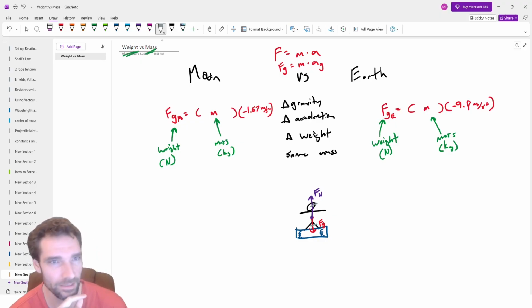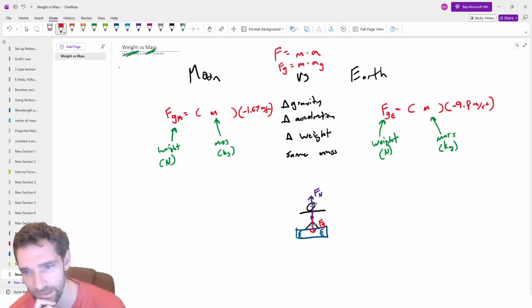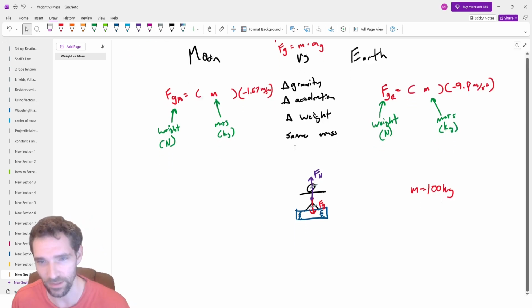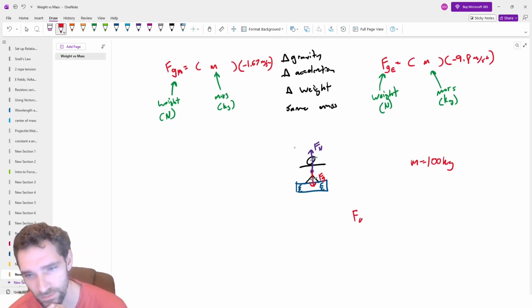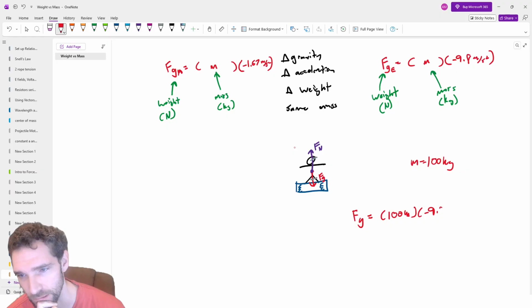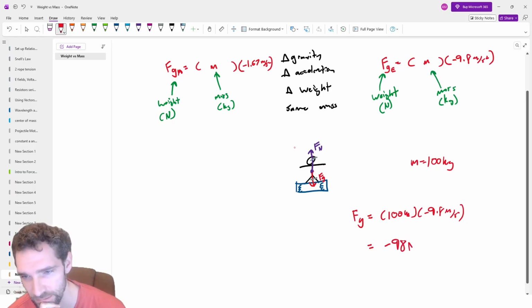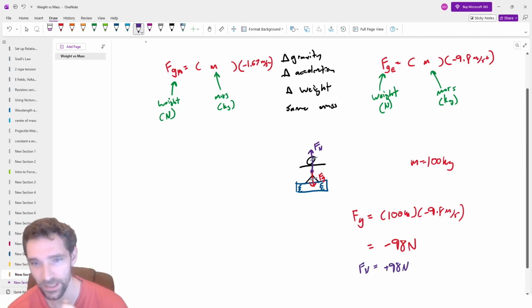Let's say that my mass is 100 kilograms. I'm kind of a big guy, so that actually is accurate for me. So the force of gravity standing on Earth would be 100 kilograms times negative 9.8 meters per second squared, and I am being pulled down at 980 newtons. Therefore the normal force, if it's equal and opposite, would be a positive 980 newtons.